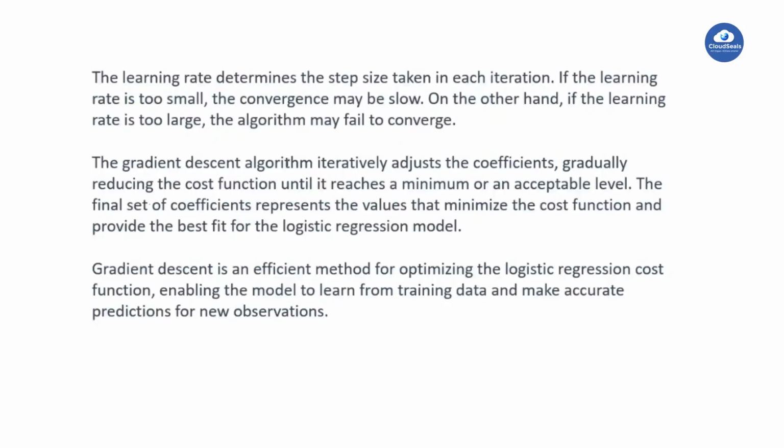The gradient descent algorithm iteratively adjusts the coefficients, gradually reducing the cost function. Iteratively means repeatedly it adjusts the coefficients to reduce the cost function until it reaches a minimum or an acceptable level. Minimum means we can't reduce the cost function more than that.